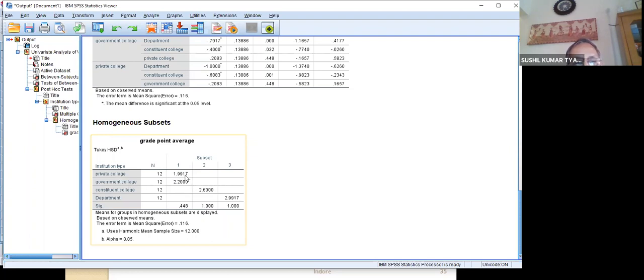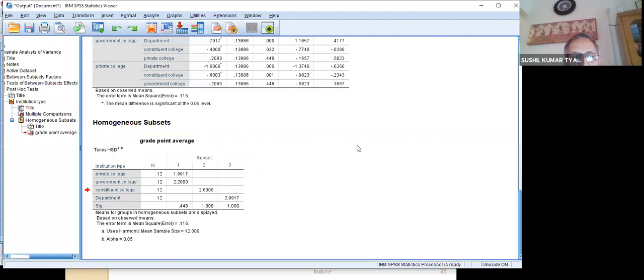Now you can see private college and constituent college, they differ significantly. Private college and department, they differ significantly. Government college and constituent college, they differ significantly. Government college and department, they differ significantly.